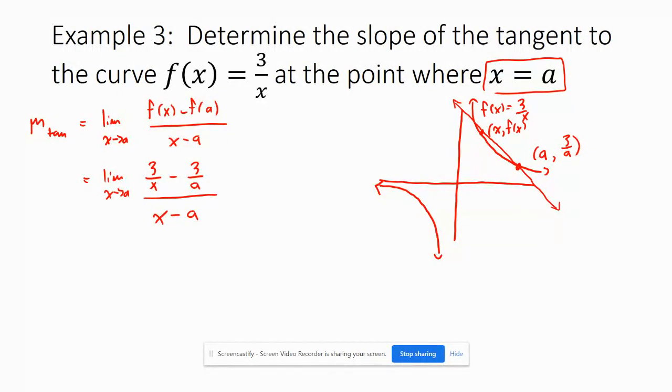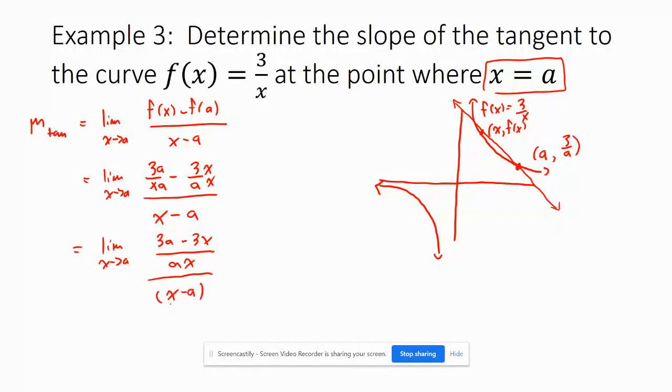Now, how do we deal with this type of question? Well, this is a rational function in the numerator, 3 over x minus 3 over a. I want to simplify the numerator. So I'm going to multiply the top times a and the bottom times a. And on the second term, 3 over a, I'm going to multiply times x over x. This gives me the limit as x approaches a of (3a minus 3x) over ax, over x minus a.